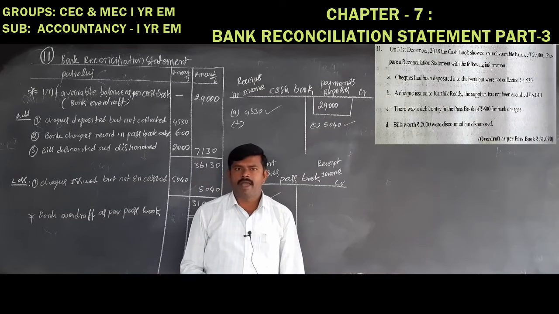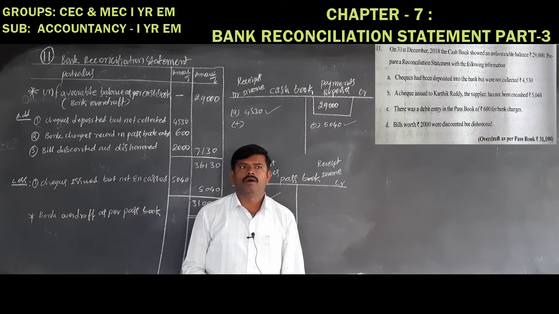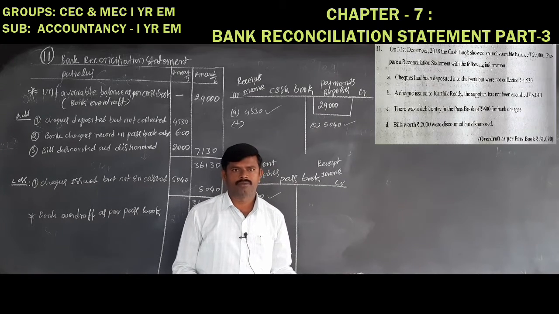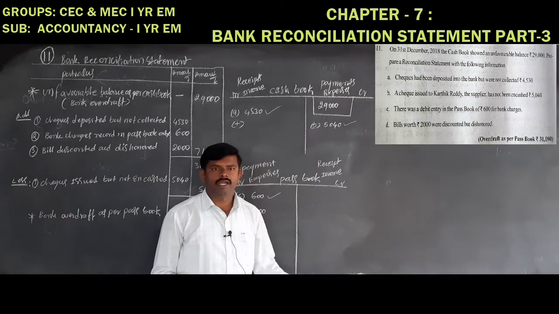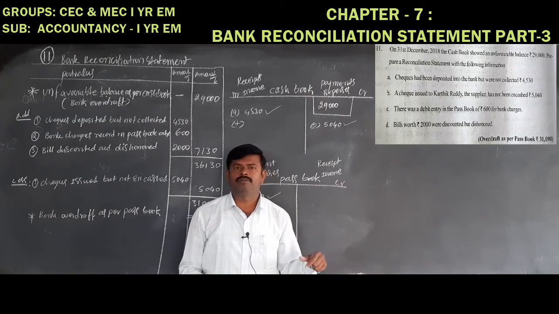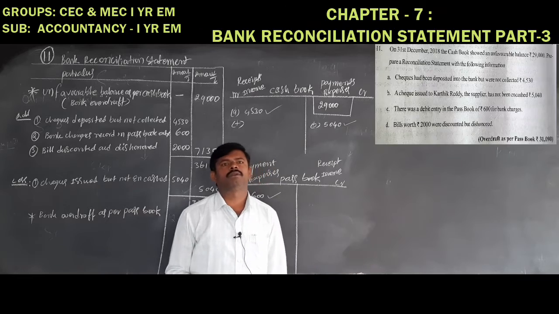When we consider the bank reconciliation statement, a transaction recorded in the cash book but not in the passbook matters. Remember one thing: any transaction recorded twice, in the passbook as well as the cash book, is not considered in the bank reconciliation statement.